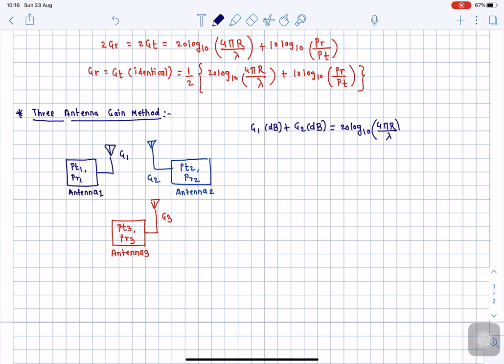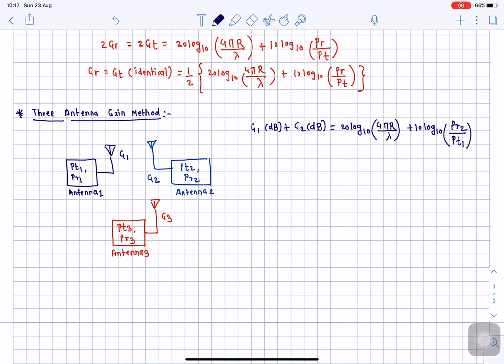Remember that all these antennas we are operating at the same frequency, that means lambda is going to remain the same, right? Plus 10 log to the base 10. Now we are taking antenna number 1 and antenna number 2. Okay, so let us say we are going to measure the power received by antenna number 2 with respect to the power transmitted by antenna number 1, PT1, right? So this is the first equation.